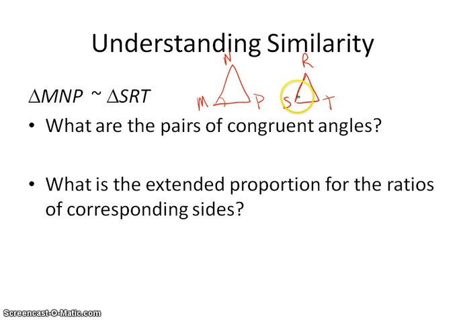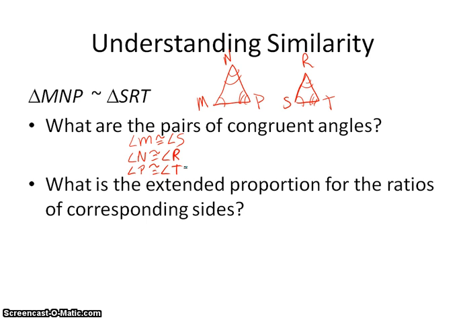So, M has to be congruent to S, N has to be congruent to R, and P has to be congruent to T, because that's the order they were written in. So if I want to know the pairs of congruent angles, angle M has to be congruent to angle S, angle N has to be congruent to angle R, and angle P has to be congruent to angle T.